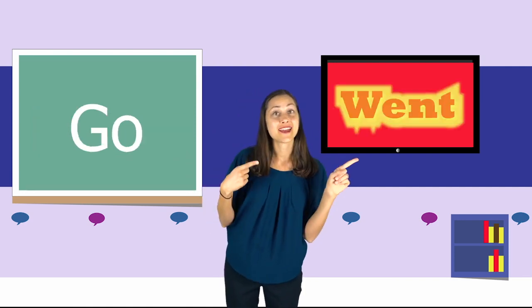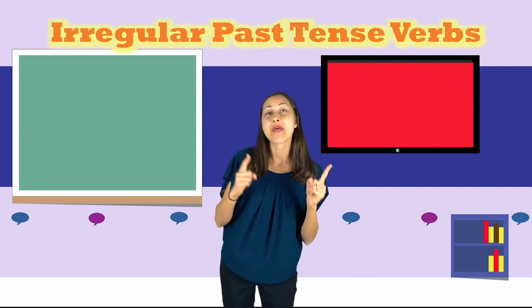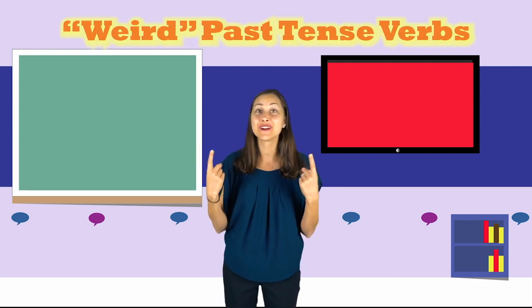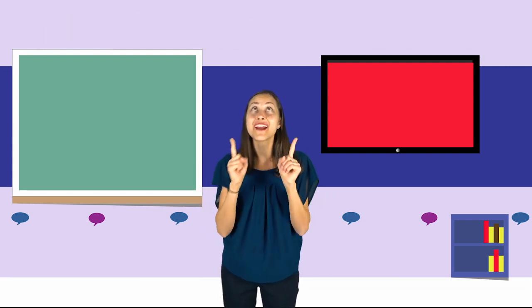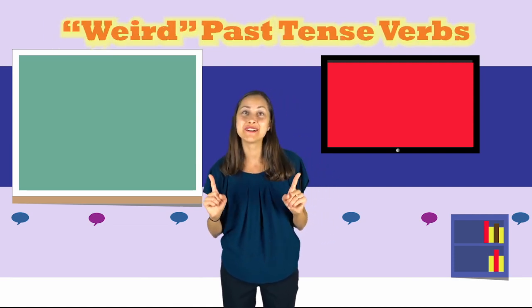Go becomes went, and speak becomes spoke. These are the irregular, the weird past tense verbs.